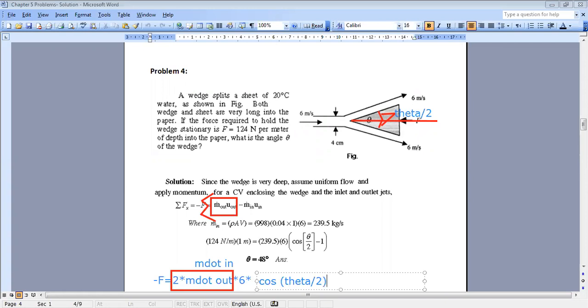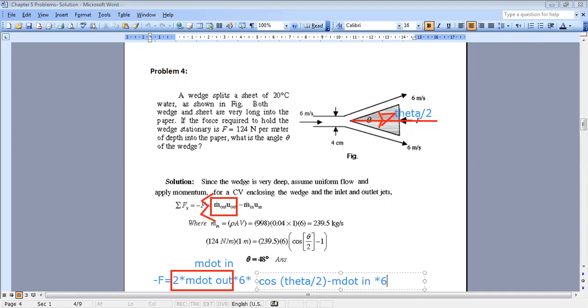Now minus m dot n u in. So it's minus m dot n, and u inlet is equal to 6. You don't have to do any projection because the inlet velocity is already along positive x. So minus m dot n times 6.